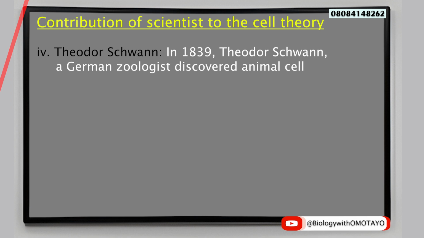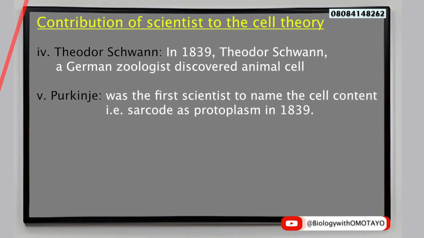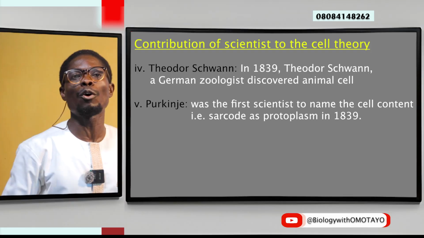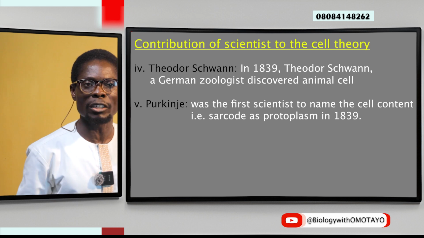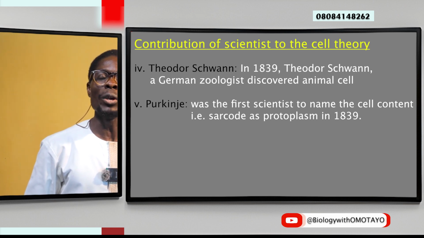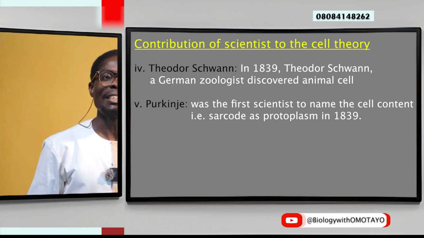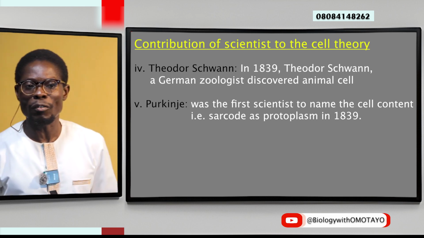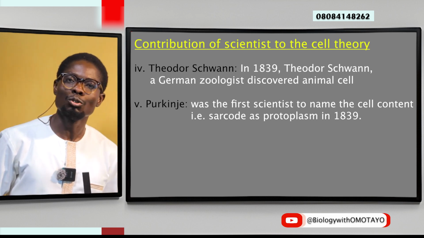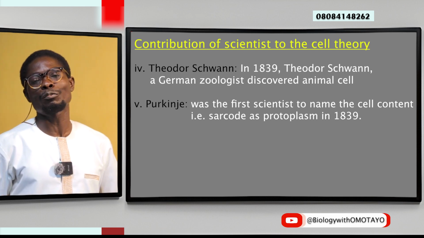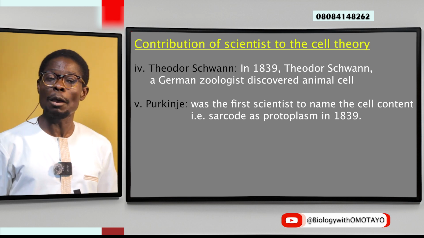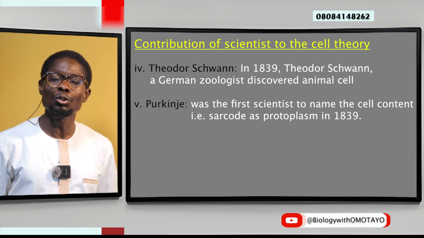In continuation, the fifth scientist that contributed to works with regards to the cell is Purkinje. Now, Purkinje went on to carry out a few other engagements with the sarcode that was earlier discovered by Felix Dujardin. He went on to carry out further study, and he came up with rather a new name.